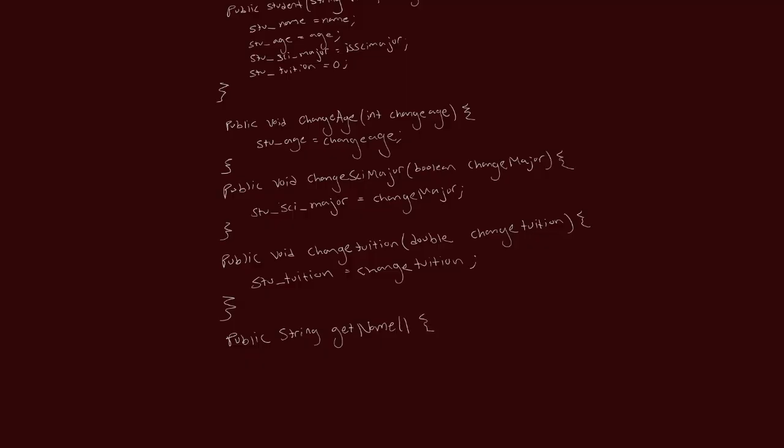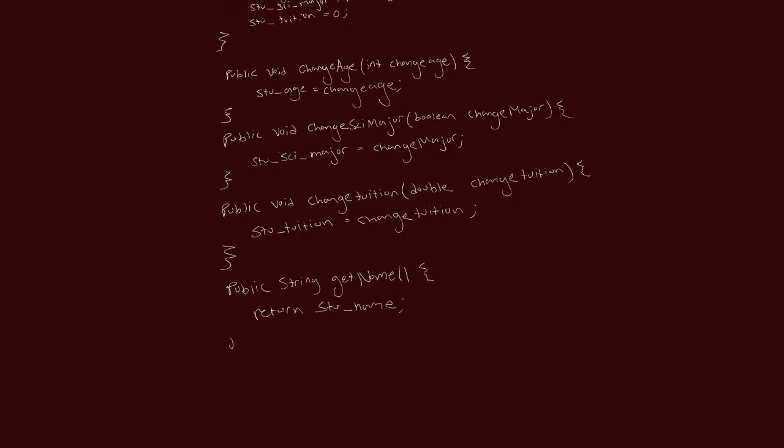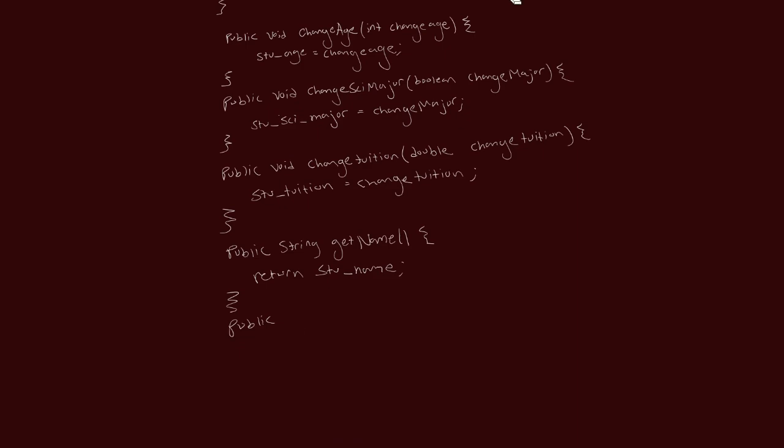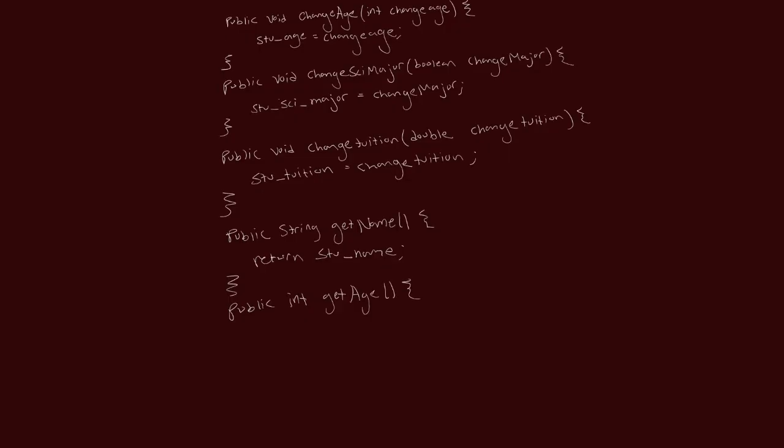So when we call this, we literally just return our name. So it's stu name, and obviously we're returning a string. Then public, let's also get our age. So public int get age, so we'll return int stu age.